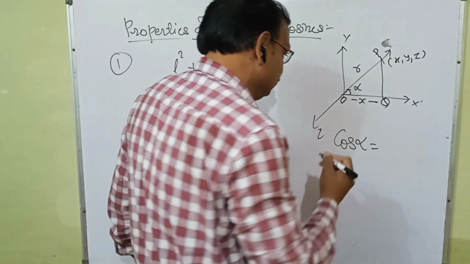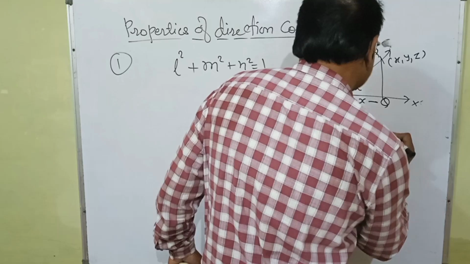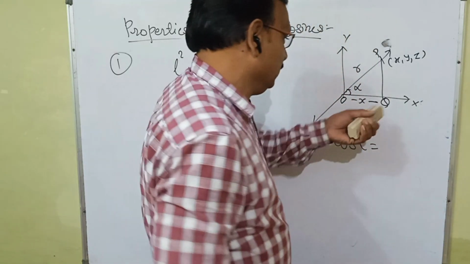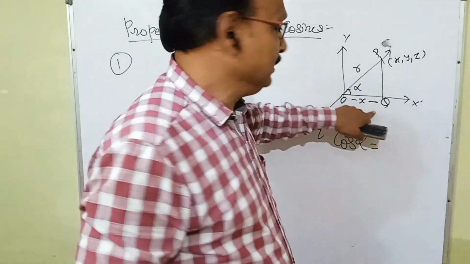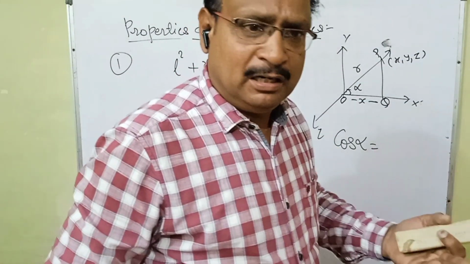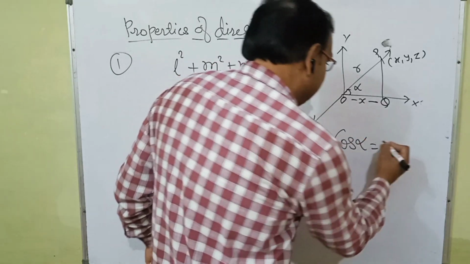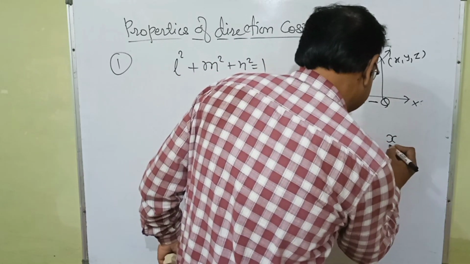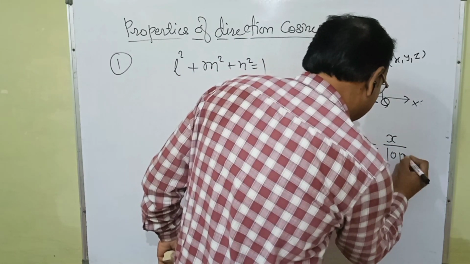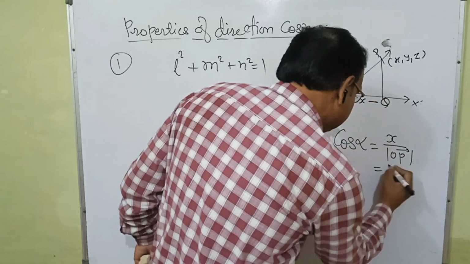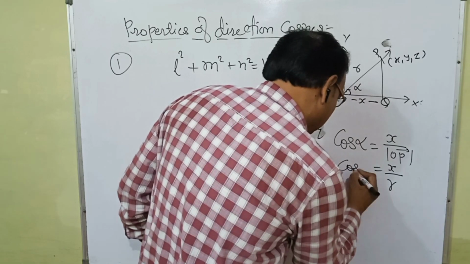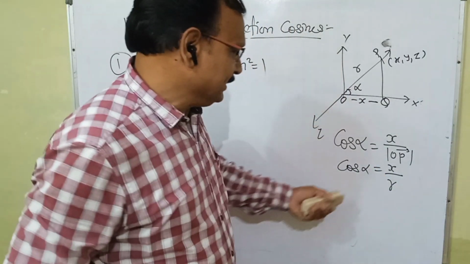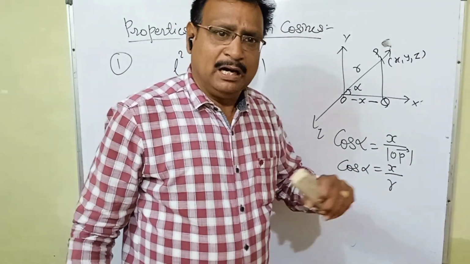Cos alpha is equal to base upon hypotenuse. Here OPQ is a right triangle, OQ is its base and OP is its hypotenuse. Then cos alpha will be equal to x upon magnitude of OP vector, or simply x upon r.